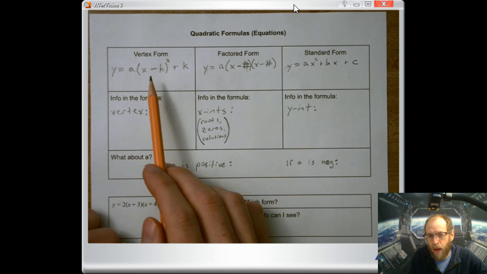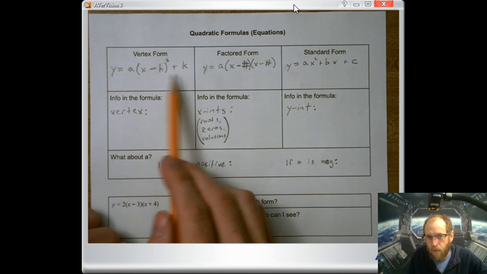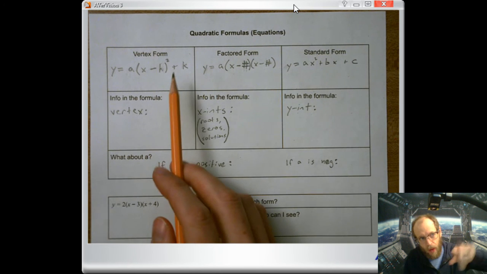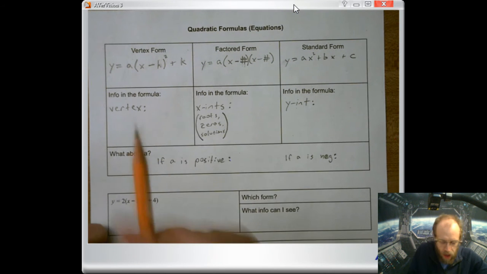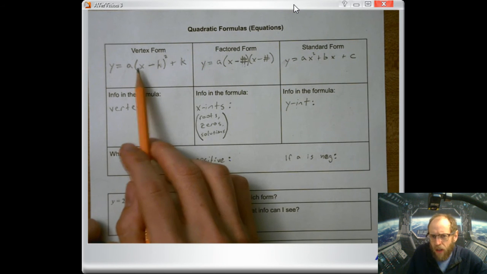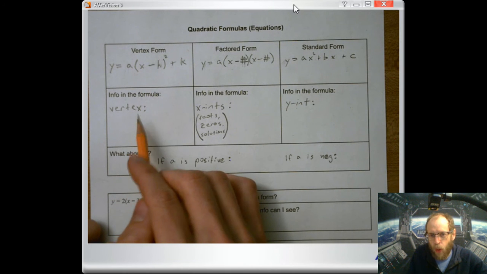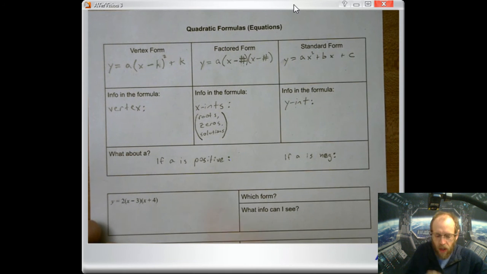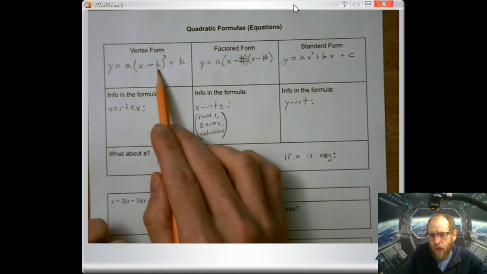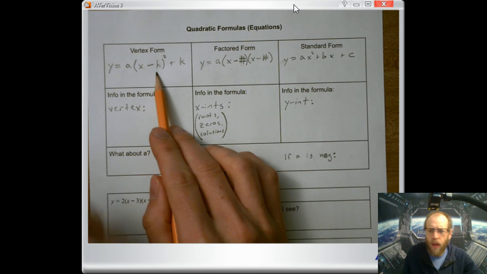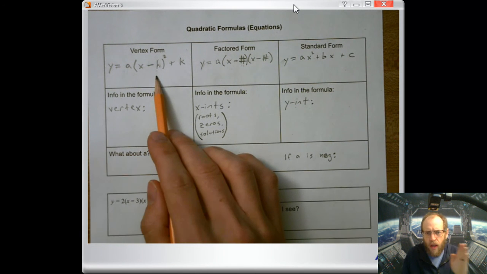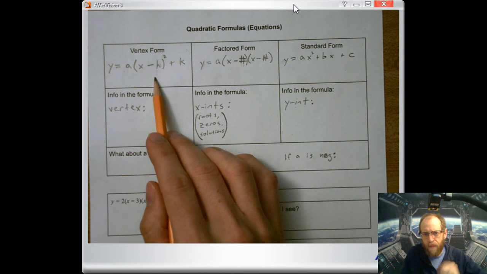This is the one you looked at the week before. And we can get two pieces of information here, but really what we're getting is the location of the vertex. So a lot of us noticed when we did the activity, when we change this number right here, it's moving our equation left and right.